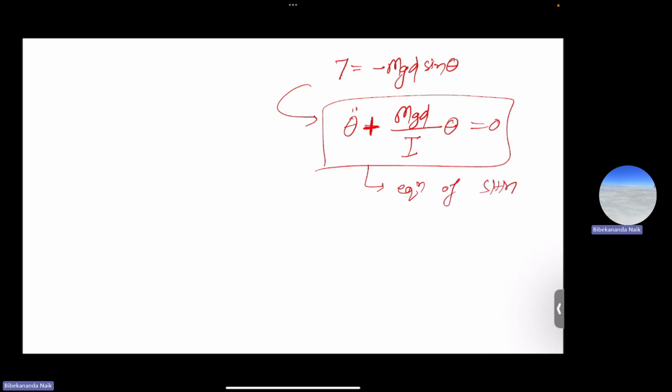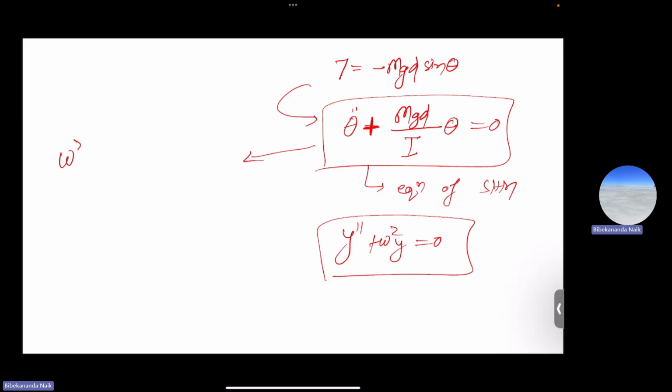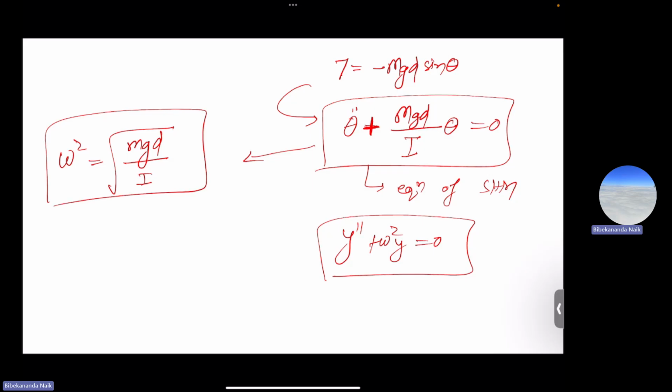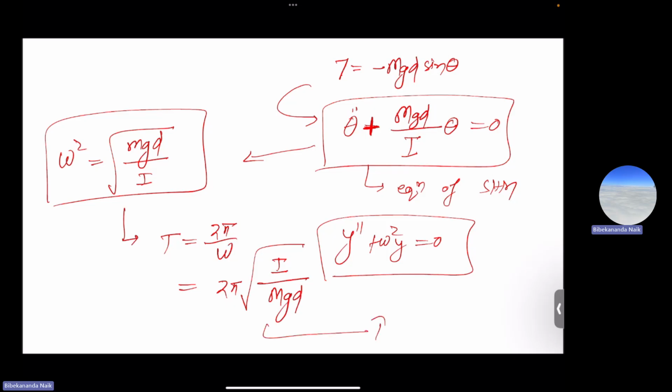If you compare this with the normal equation y double prime plus omega square y equals 0, then omega square is mg d by I, so omega is root over mg d by I. Then the time period of oscillation is T equals 2 pi by omega, so it becomes 2 pi root over of I divided by mgd. So we will use this formula.